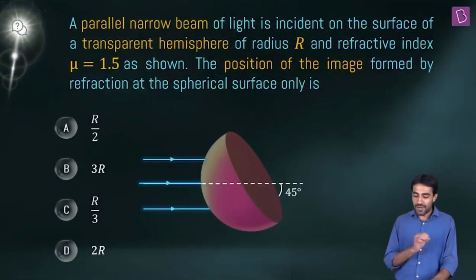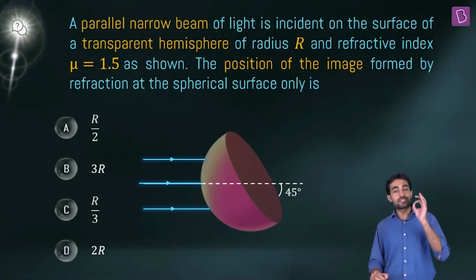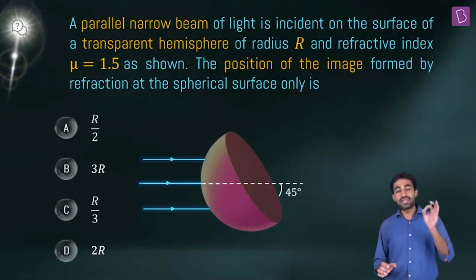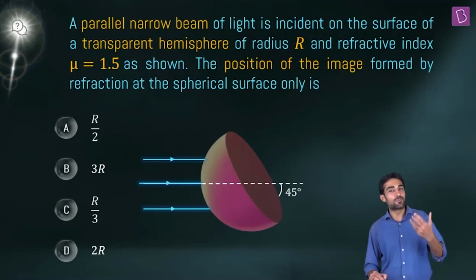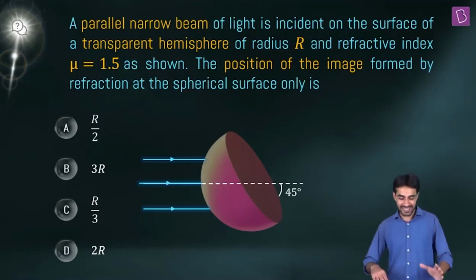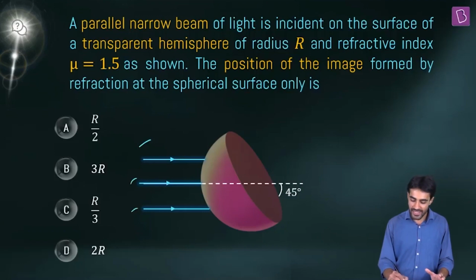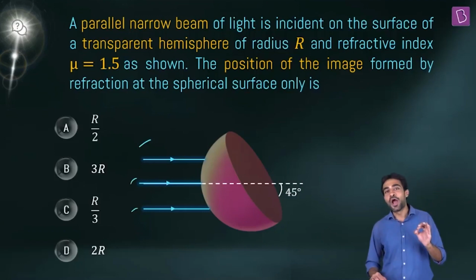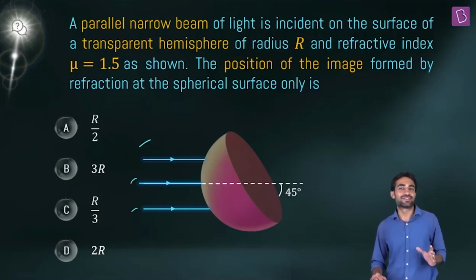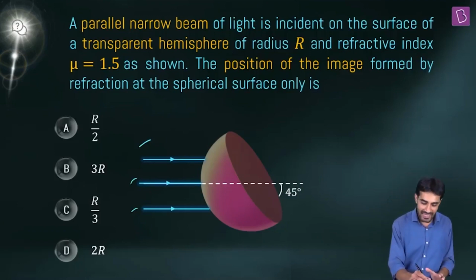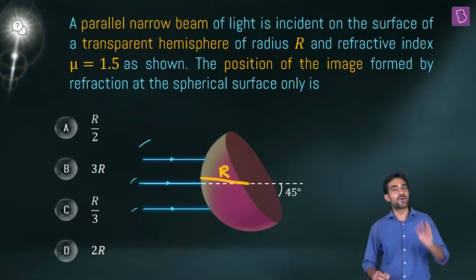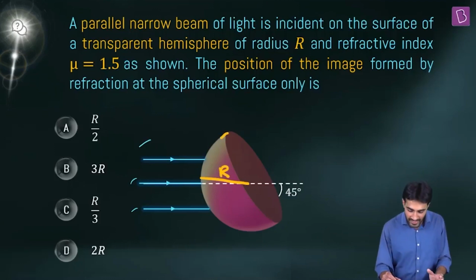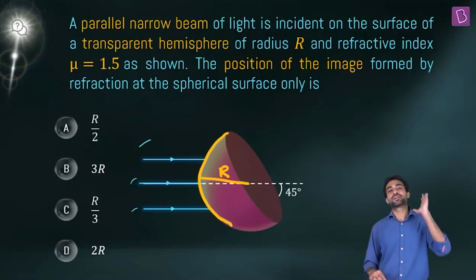A parallel narrow beam of light is incident on the surface of a transparent hemisphere of radius capital R and refractive index 1.5, as shown. We can see these parallel rays of light coming and striking a transparent hemisphere, and this spherical surface has the radius of curvature capital R. This is important.